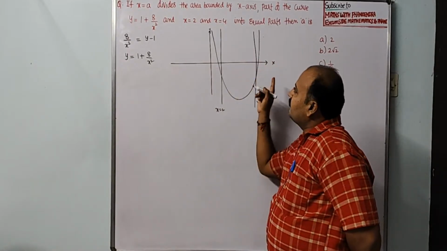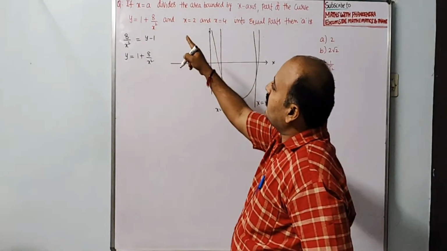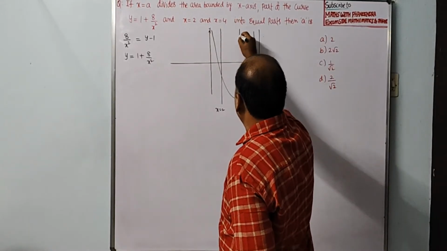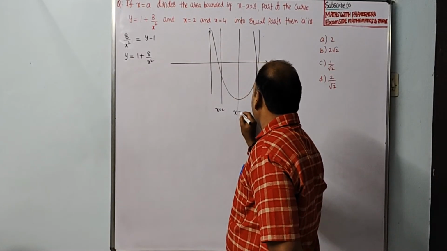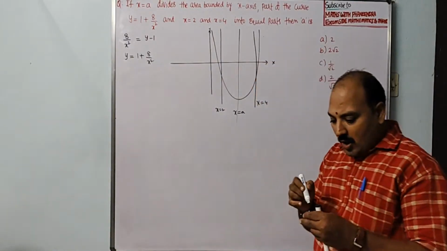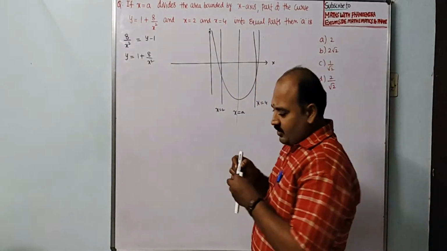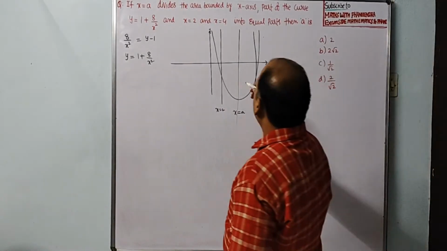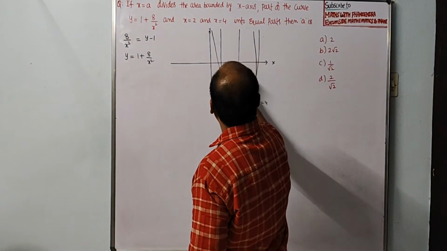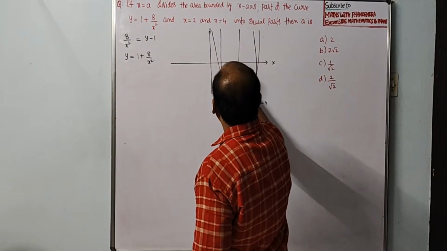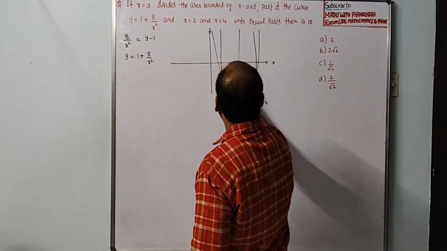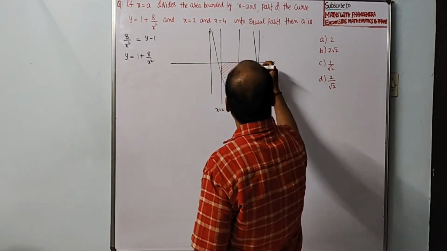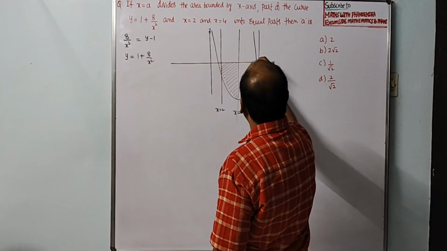These two lines with parabola, x is equal to a is dividing in equal bounded areas with x-axis. This is x is equal to a units. What they are saying is this area and this area.